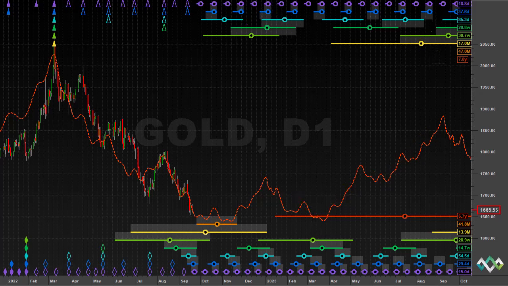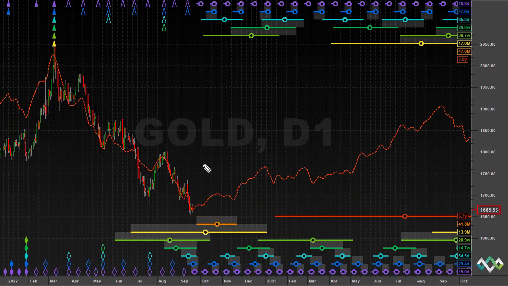What happens when I add the trough analysis to the composite model line? This is what happens, and as you can see, because of the possibility that a very important trough is going to form soon in gold, that provides us with a more bullish possibility in terms of the composite model line because of the influence of the trough analysis.